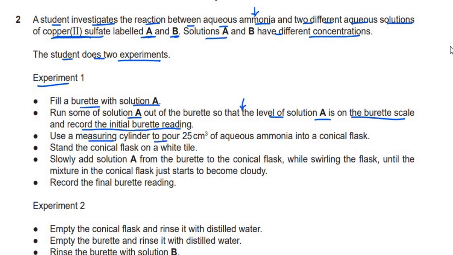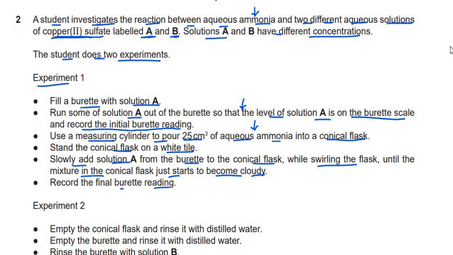Use the measuring cylinder to pour 25 cm³ of aqueous ammonia into a conical flask. Now understand what we are taking in the conical flask: aqueous ammonia, and copper sulfate is taken in the burette. Stand the conical flask on a white tile. Slowly add solution A from the burette to the conical flask while swirling the flask until the mixture starts to become cloudy.